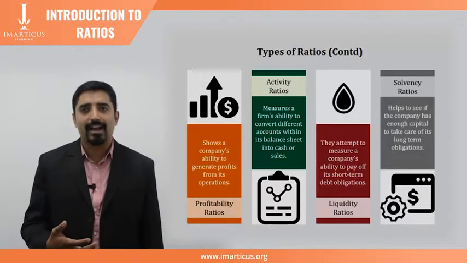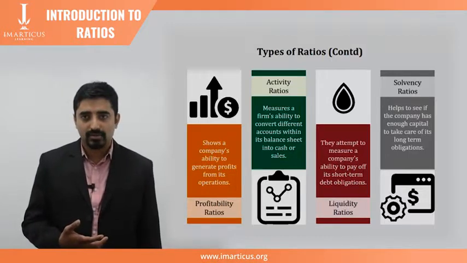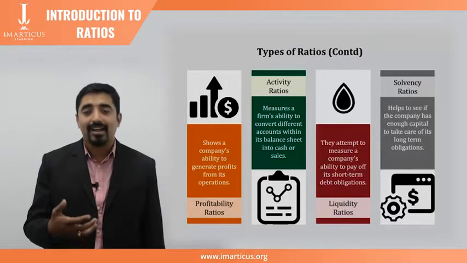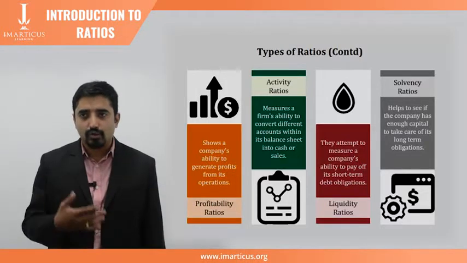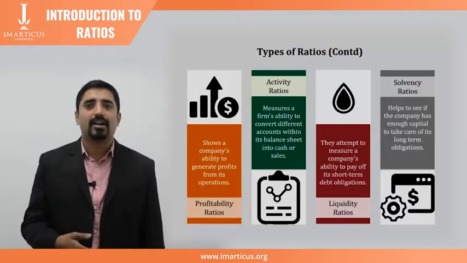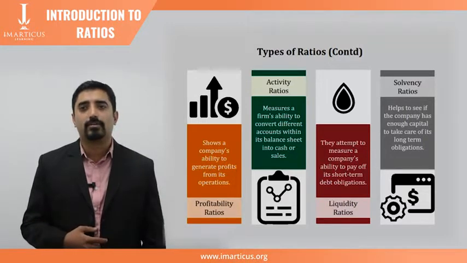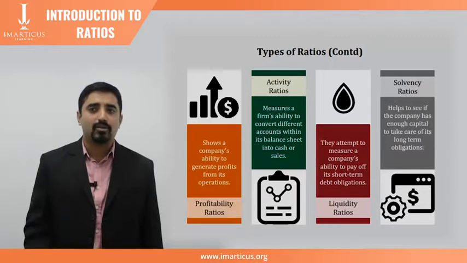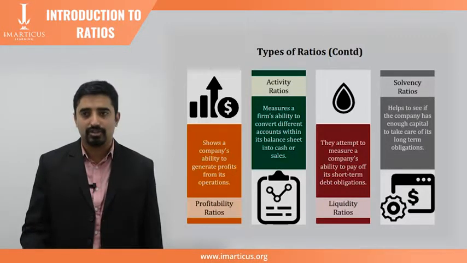And finally, we have solvency ratios. Solvency ratios measure a company's ability to meet its debt and other obligations. Solvency ratios help us in understanding the funding structure of the company and to see if the company has enough capital to take care of its long-term obligations.